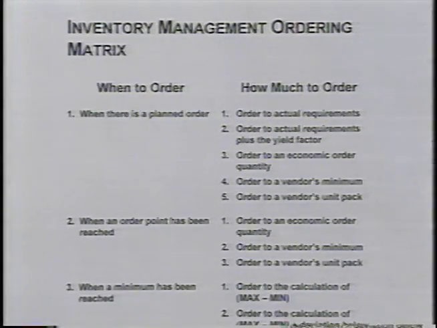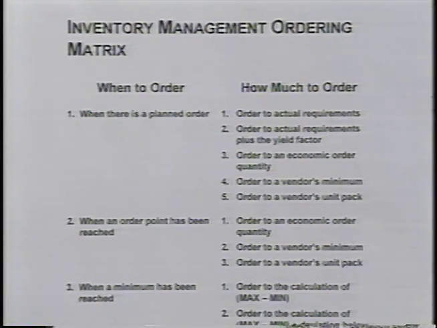Now, when to order, there are 3 answers to that question. When we have a planned requirement, when we reach an order point, or we reach a minimum under a min-max system. There are several answers to how much. When it comes to a planned requirement, there are 5.